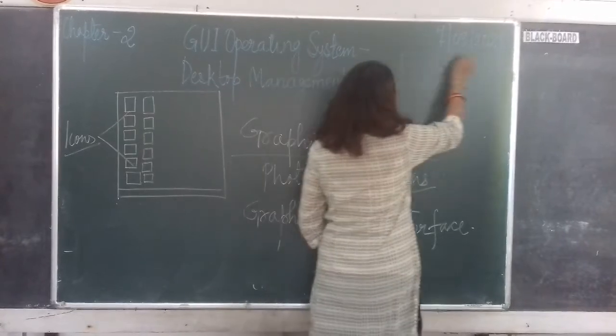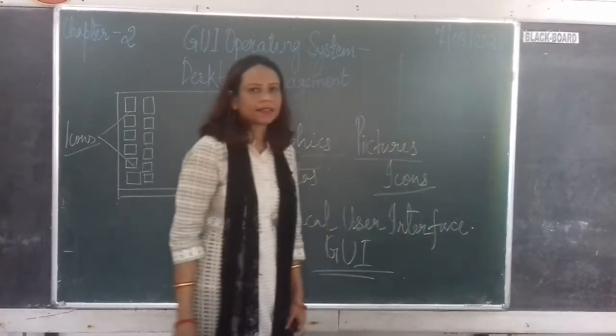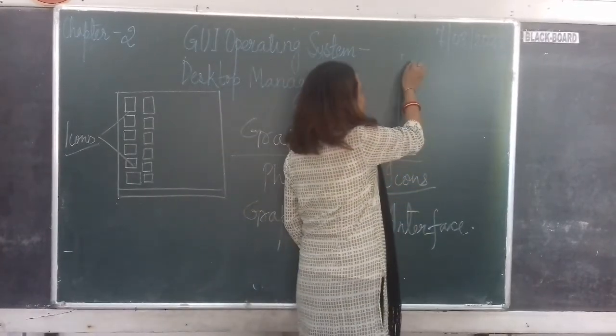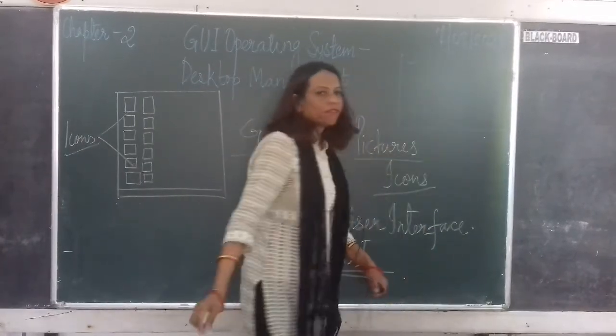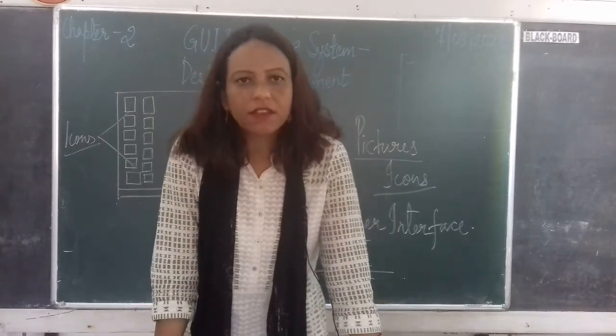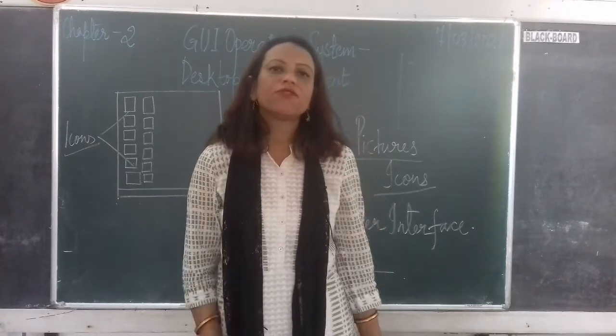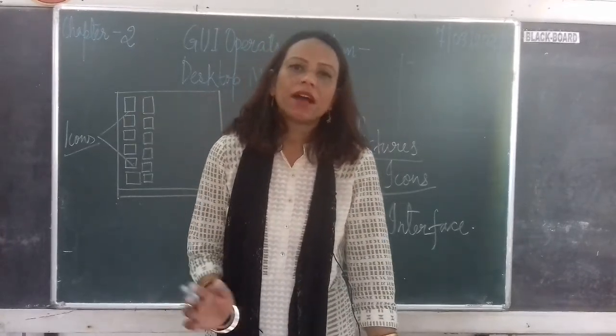When you start your computer, your monitor will be blank. It will be all black, and you will see one cursor, a blinking line, on the screen. Whatever you need to do, you have to give a command.